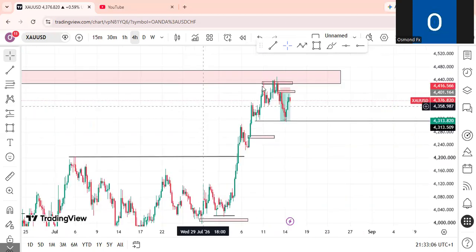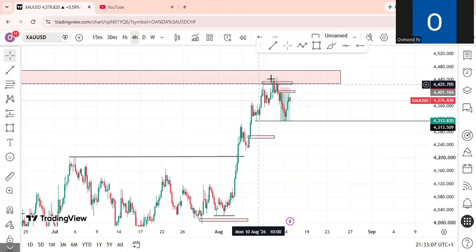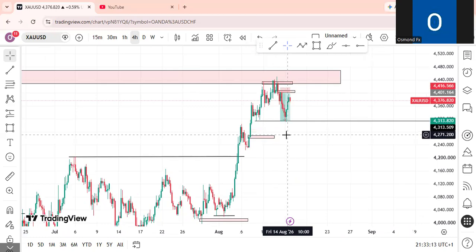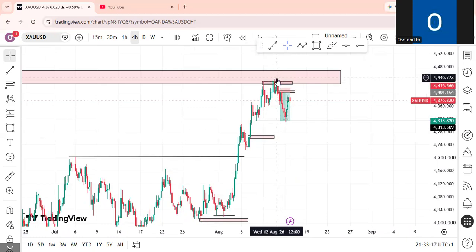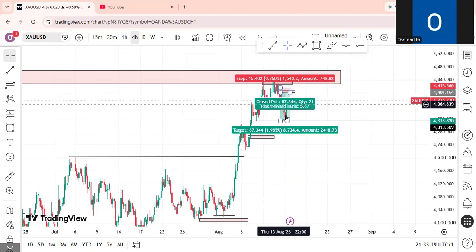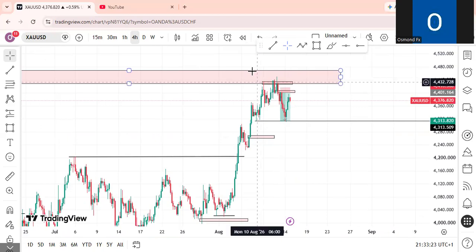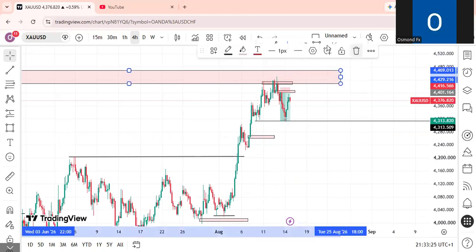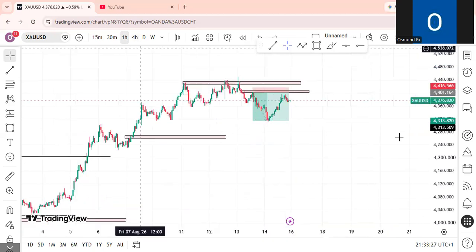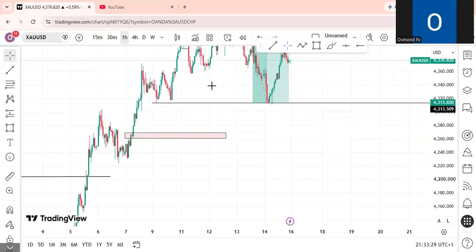From there, we saw a proper confirmation and I started selling it to the downside. I sold it from this high, after the market took liquidity, to this low here. Then let's go to lower time frame and see what is going on. Coming to 1 hour time frame.